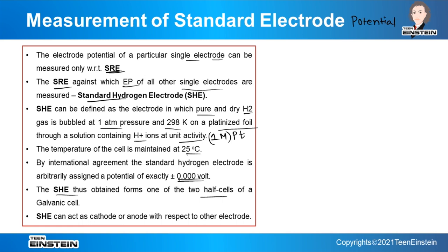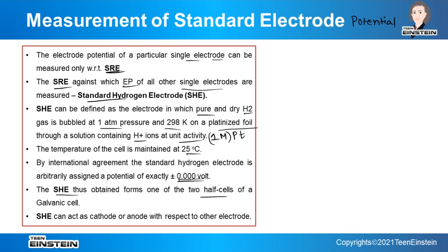Now see, it depends on what type of other system you have taken. Depending on that, SHE can have a tendency to lose electron. In that case it will be the anode system, because of oxidation, that means H2 will be converted to H plus.